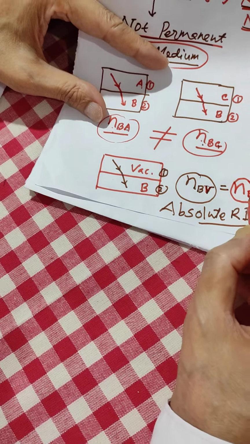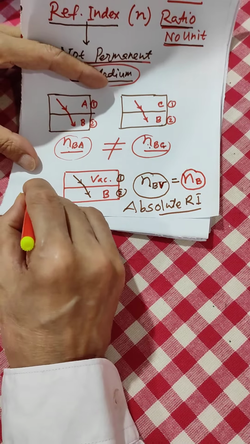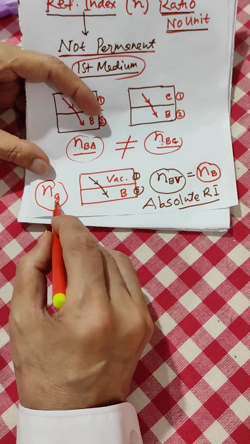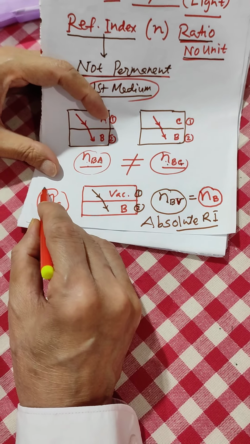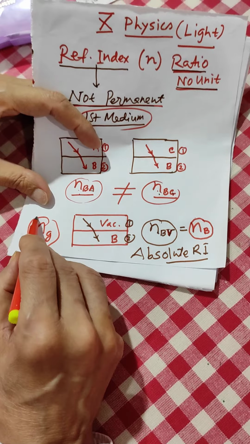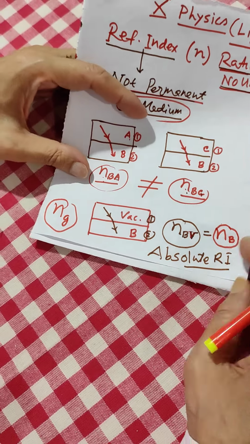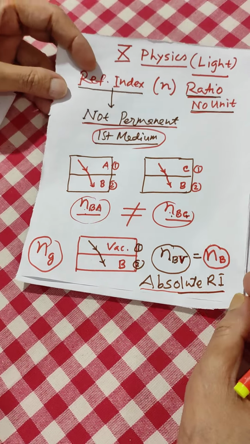So if you see this symbol, it means the first medium is vacuum. All right. So refractive index of Z, that means glass. Refractive index of glass, the first medium is vacuum. When the first medium is vacuum, it is not mentioned. Okay. And when the first medium is vacuum, remember refractive index is called absolute refractive index.